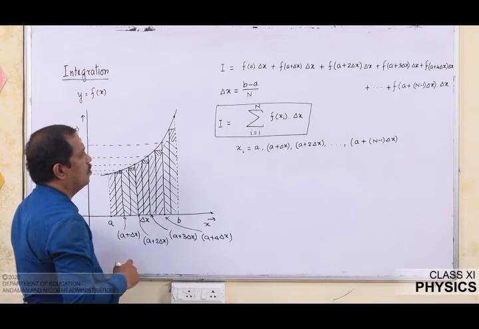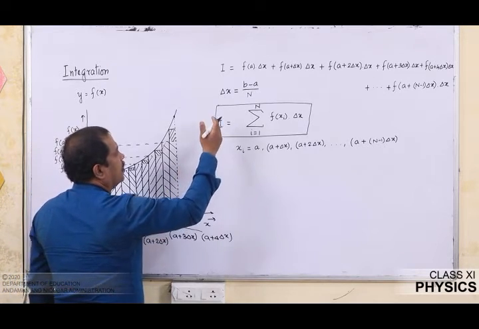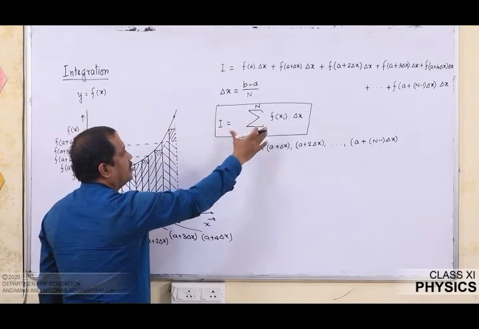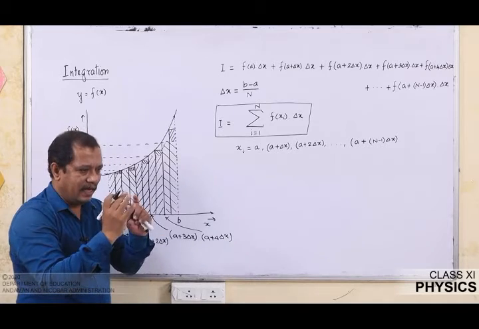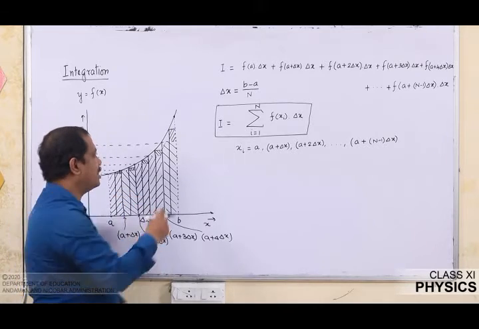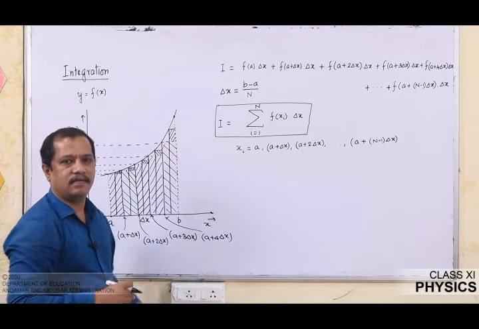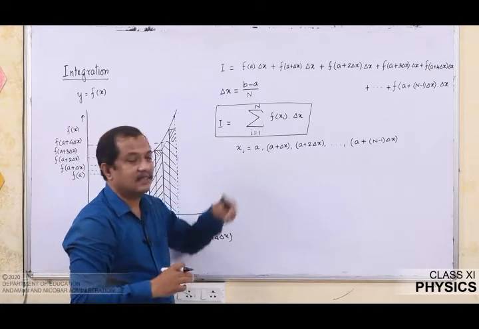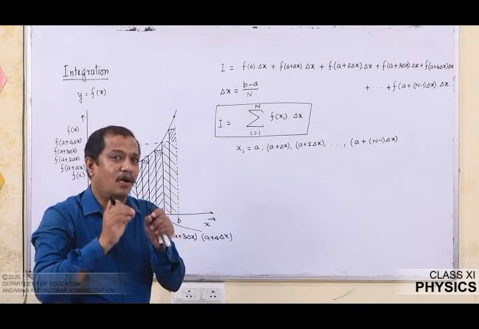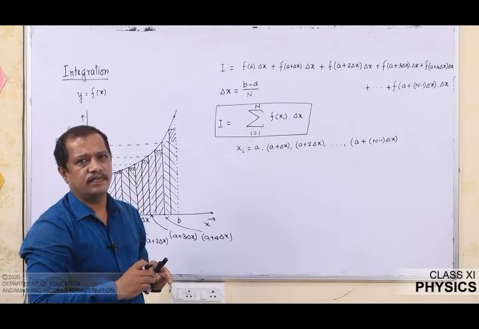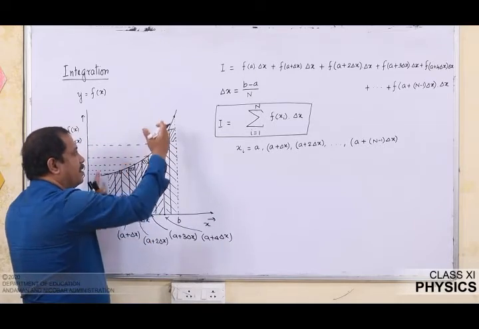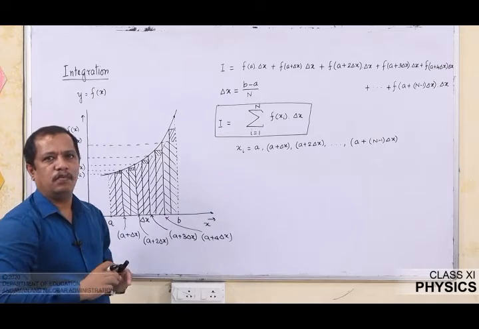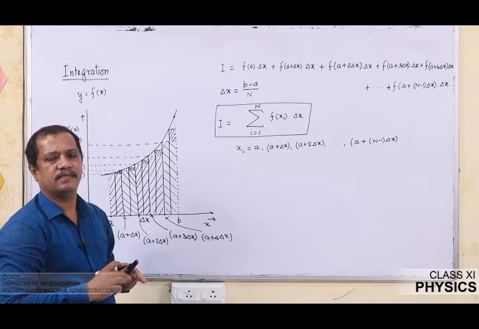However, we know if I increase the number of the strips, the area calculated using this method is getting closer to the actual area under this curve. But then I know when I calculated this area, it is not exactly equal to the actual area covered under this curve in a span of A to B distance along x axis.